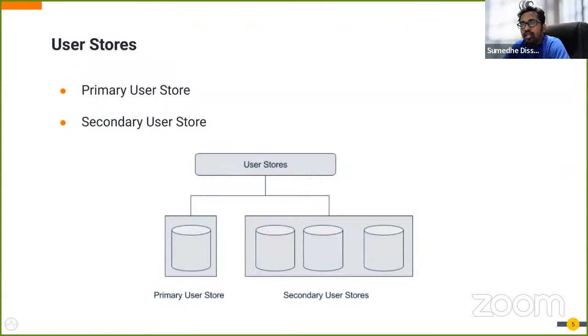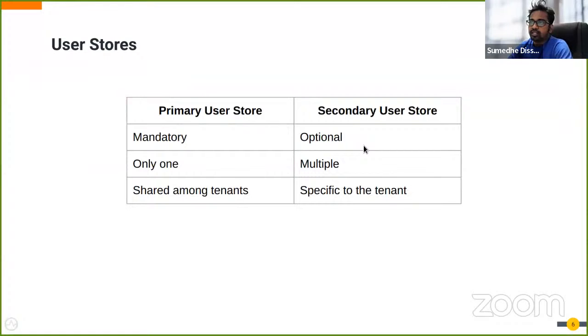There are two types of user stores available in Identity Server. The first one is the primary user store and the other one is the secondary user store. As you can see in the diagram, you can have only one primary user store and many secondary user stores. The primary user store is mandatory, and the secondary user stores are optional.